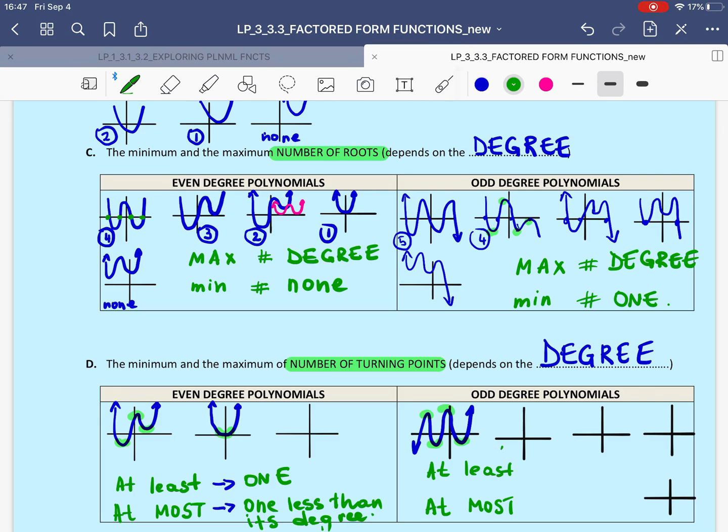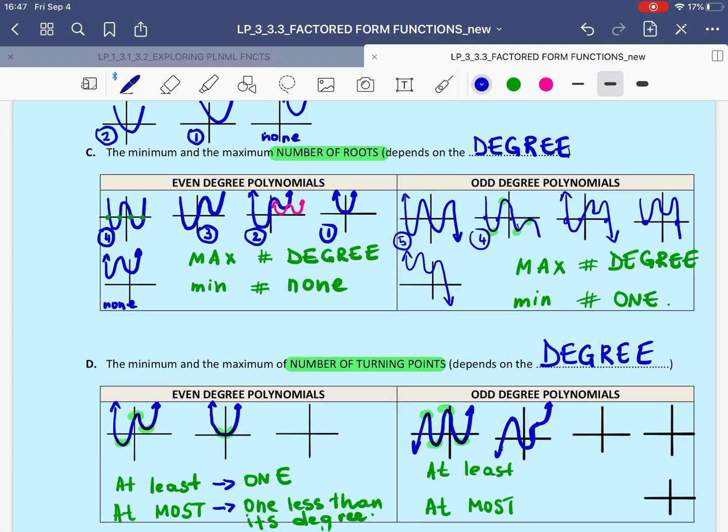So another possibility for a fifth degree polynomial function can be the graph is going here, 1 turning point, and then okay, so 1 turning point, like an S shape in here, so the function can have 1 turning point.